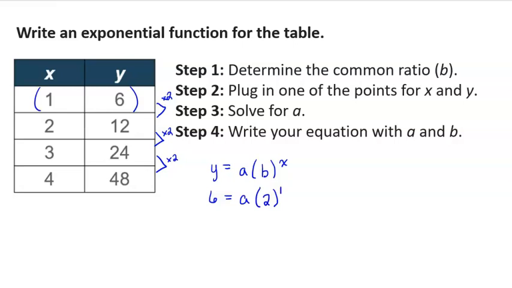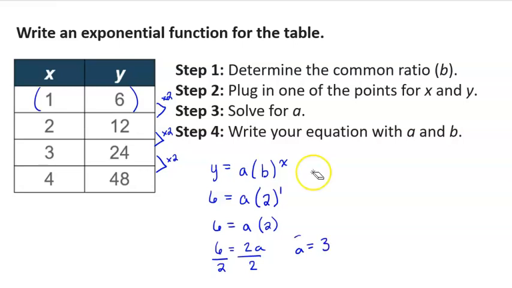Then we're just going to solve for a. So 2 to the first power is just 2. Now I have 6 equals a times 2, or 2a. To get a by itself, I'm going to divide both sides by 2, and I get a is equal to 3.